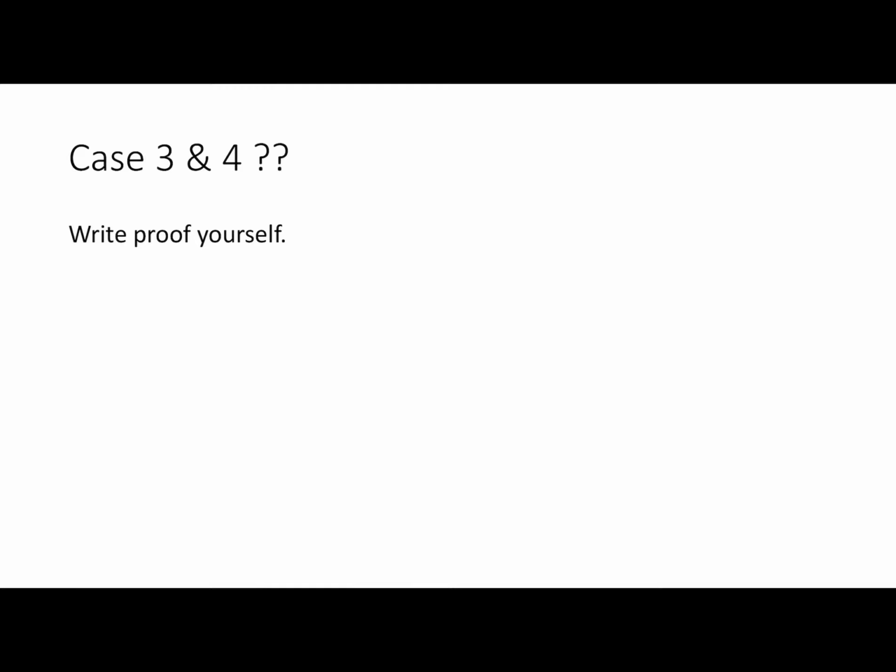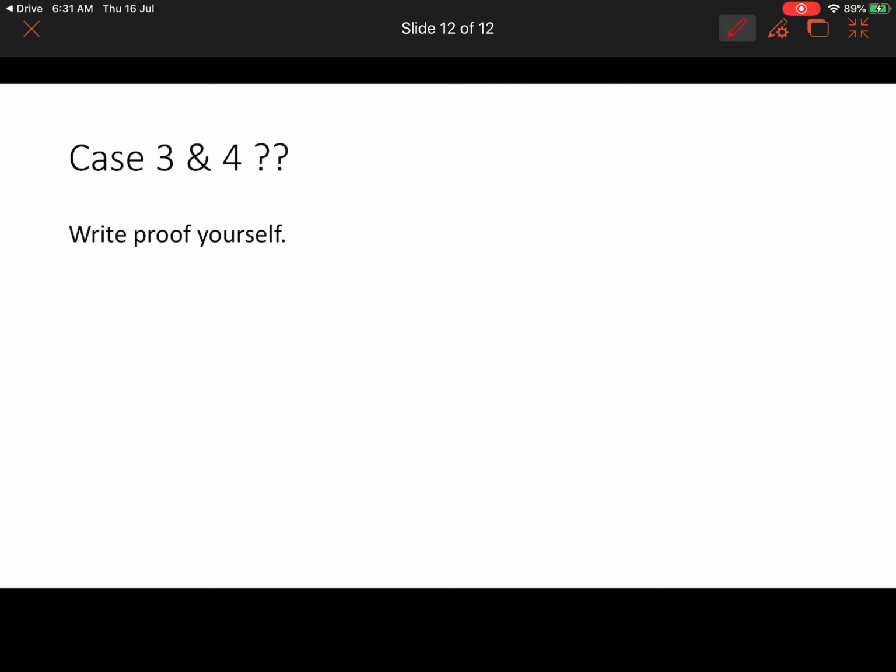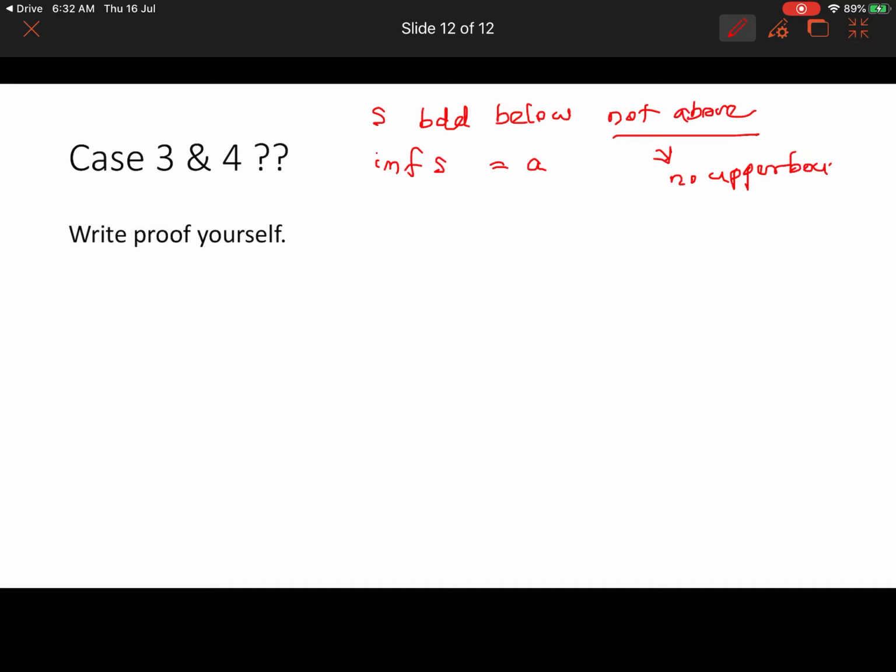Now how can you prove case 3 and 4? I will give you some idea, but you should write the proof yourself. In case 3 we have taken S is bounded below, not above. Bounded below means it has an infimum. Call it A. It is not bounded above, so no upper bound.